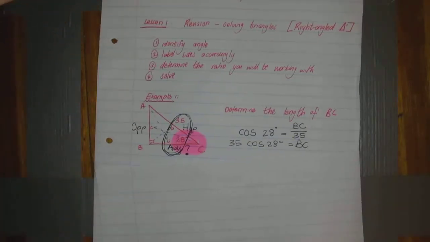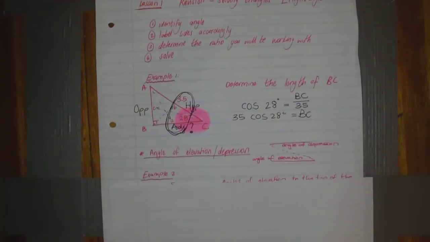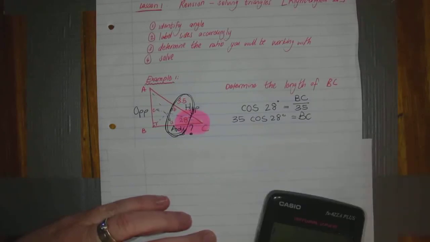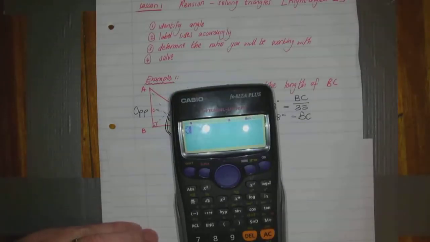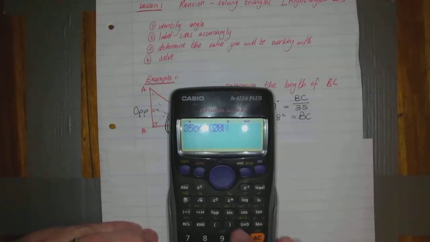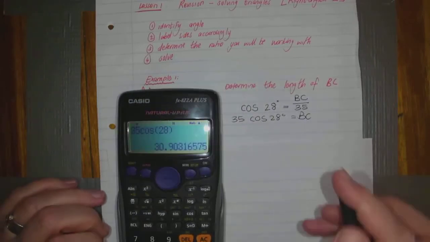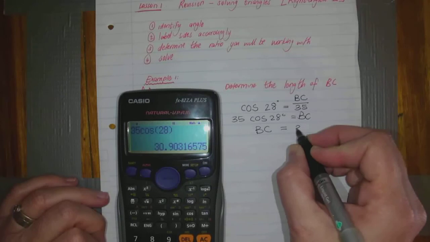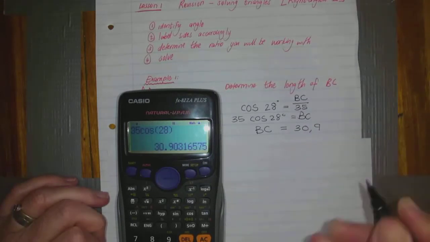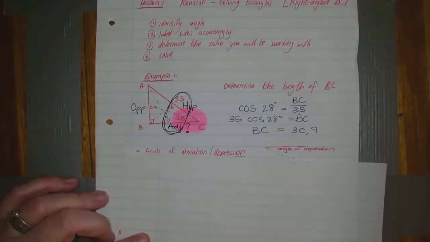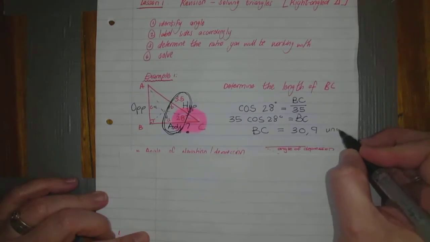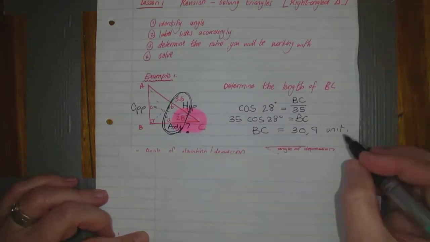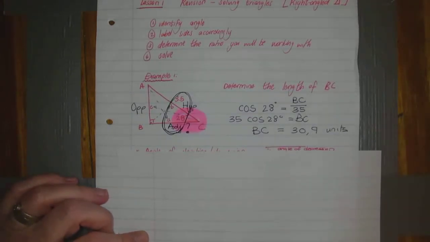I just enter it into my calculator as it is, and depending on the instruction of rounding off, let's make it 1 decimal, and if they didn't give me units, you are welcome to put it down there. Okay.